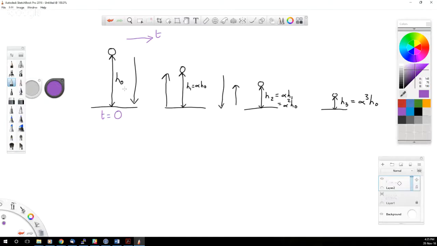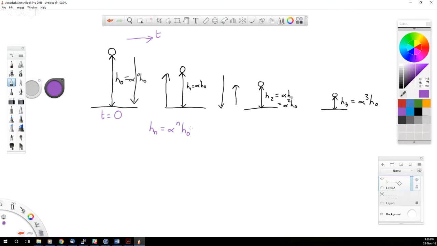So as you can see, h0 can also be written as alpha to the power 0 times h0, and I've got alpha to the 1 h0, alpha squared h0, alpha cubed h0. So we get hn equals alpha to the power of n h0.